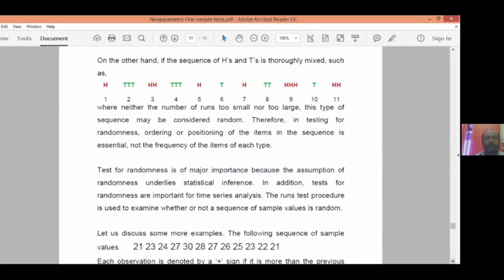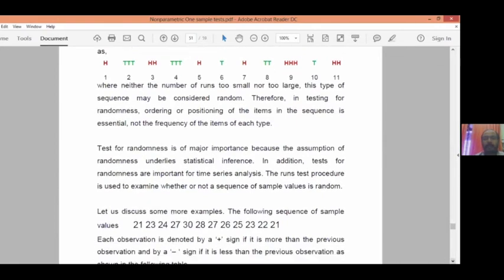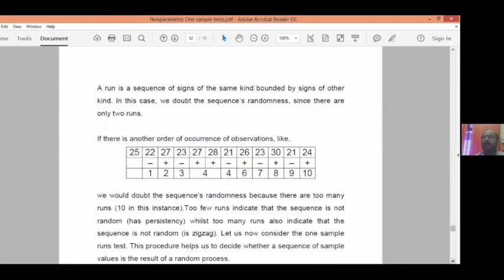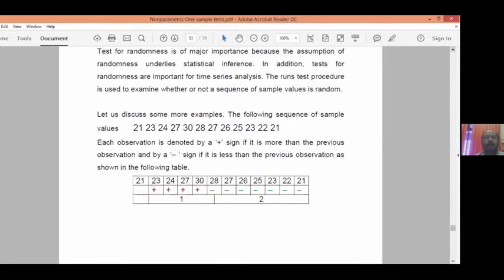Let us discuss some more examples for the following sequence of sample values. Look at this: 21, 22, 24, 27, 30, like this. Each observation is denoted by a plus sign if more than the previous observation, and a minus sign if less than the previous observation, as shown in the table.